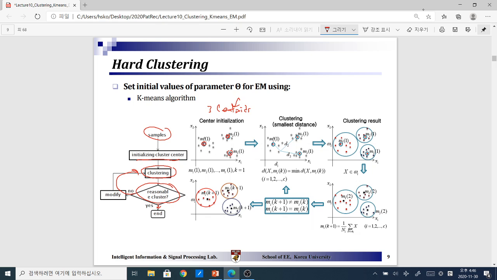For example, you can calculate the distance between this centroid and this sample, and the same sample's distance is going to be calculated between here and here. And similarly, the same instance's distance will be computed.